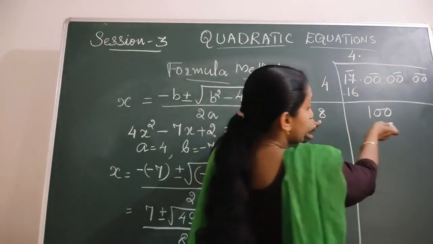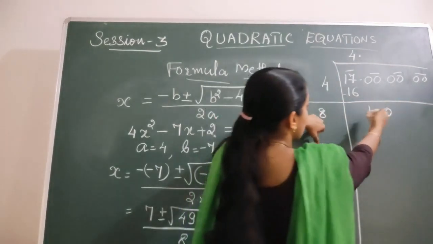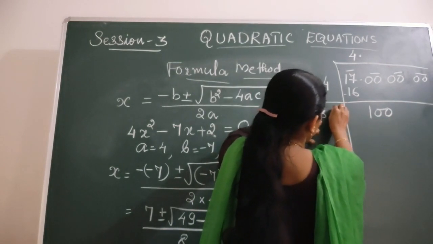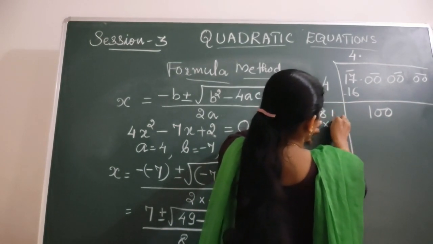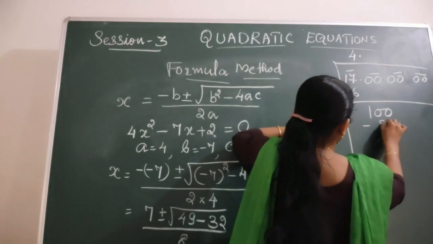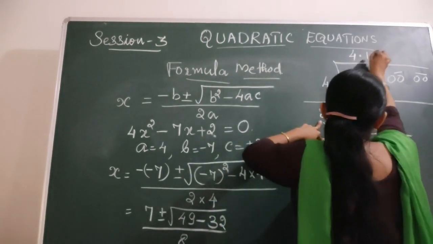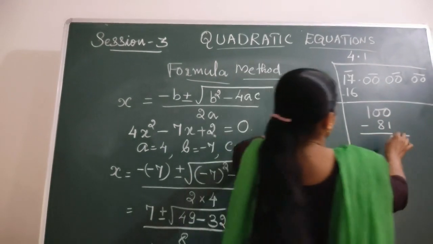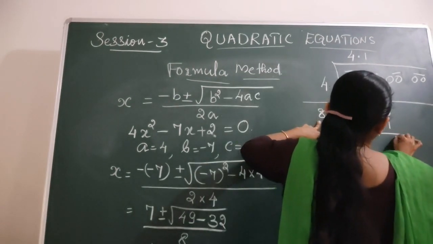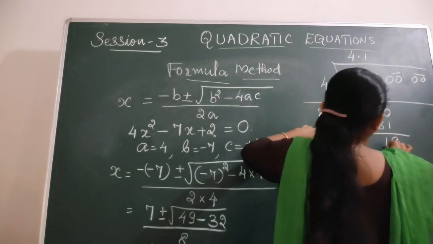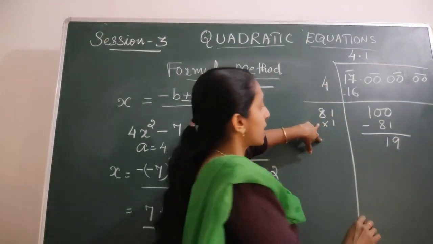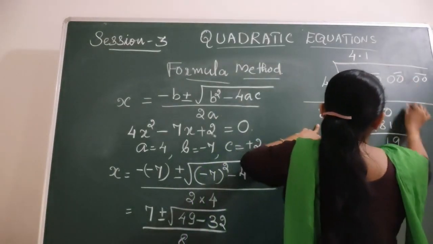So 82 into 2 not possible, that will be more than 100. So you can take only 1. 81 into 1 gives us 81. Right? And that 1 you will indicate here for 0.1. So after subtraction you are getting 19. Then you will go for the next group.